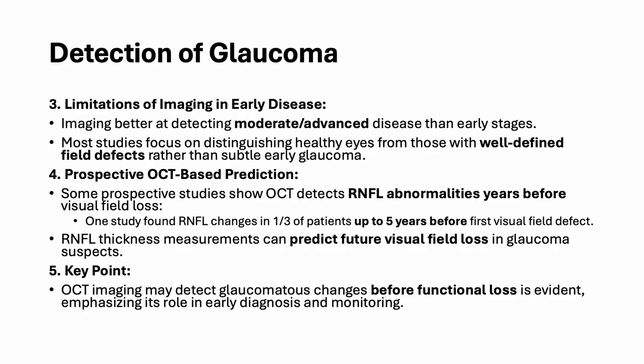Imaging plays an important role in glaucoma detection, but it's more effective for identifying moderate or advanced disease than the earliest stages. Many studies focus on distinguishing normals from those with well-defined field defects, which means subtle early glaucoma can be harder to detect. Prospective studies show OCT can detect RNFL abnormalities years before measurable visual field loss.